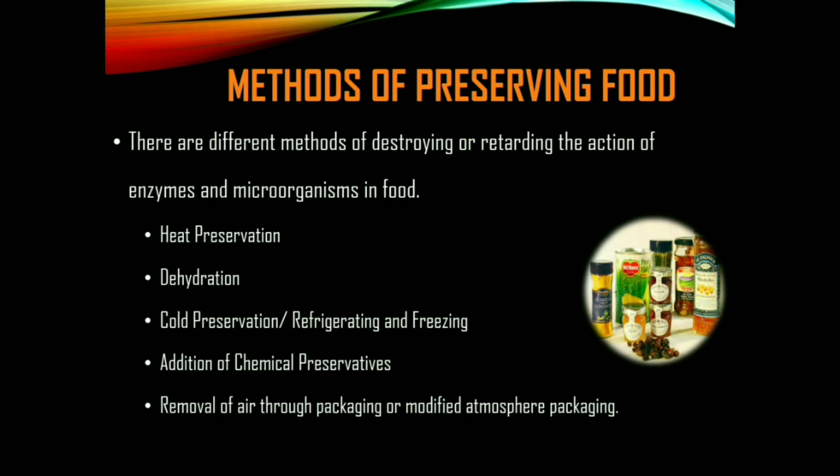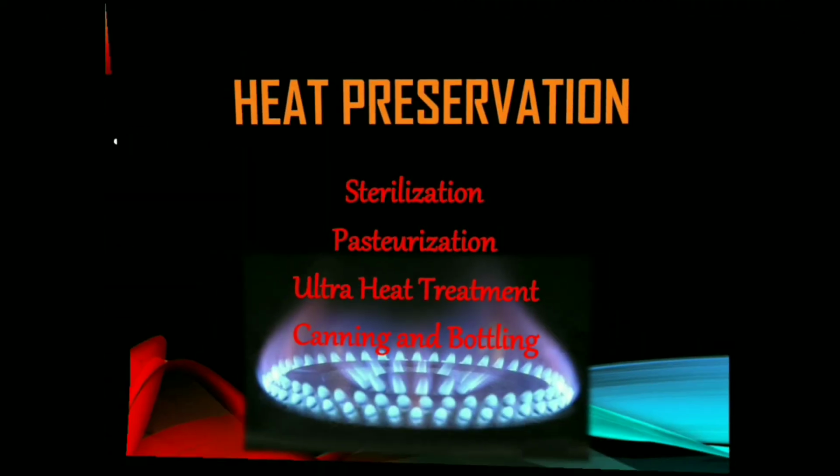Examples of these are heat preservation, dehydration, cold preservation, or we may say refrigerating and freezing, addition of chemical preservatives, and also the removal of air through packaging or modified atmosphere packaging. Now, let us look at these methods in detail.